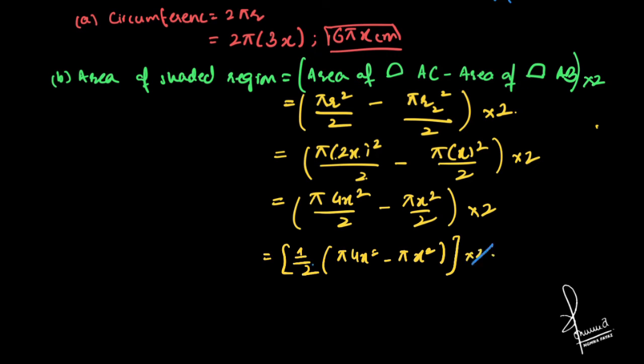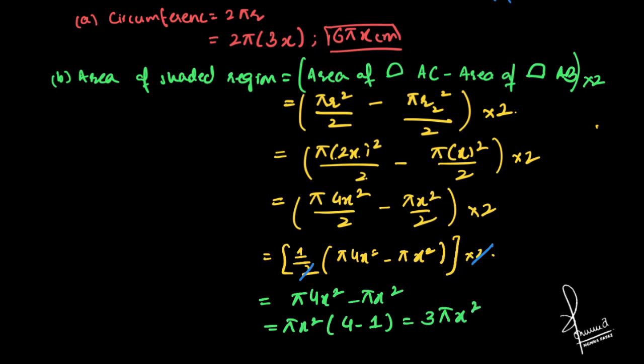I can cancel this 2 and this 2. I am left with pi into 4x squared minus pi x squared. I can take pi x squared common. I am left with 4 minus 1, which equals 3 pi x squared. Please do not forget the unit, centimeter squared. So this is your answer.